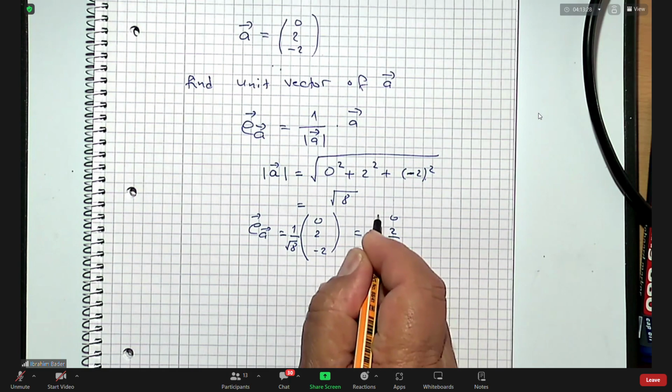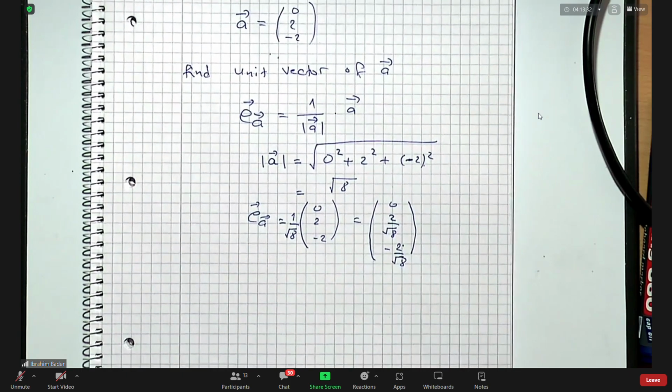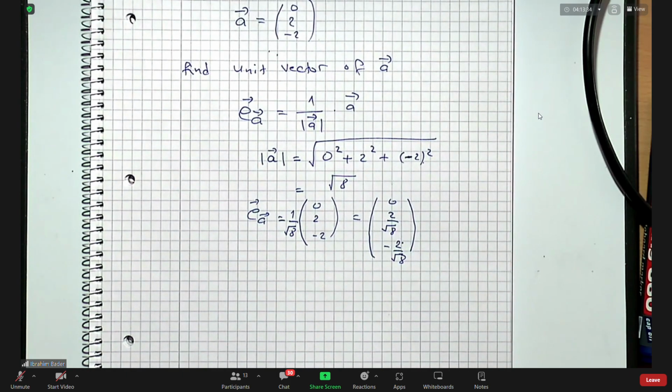So you just put them here in a row. This will work always because the only case you have a division by 0 is for the 0 vector. But the 0 vector has no unit vector. You can't make a vector out of nothing, right?